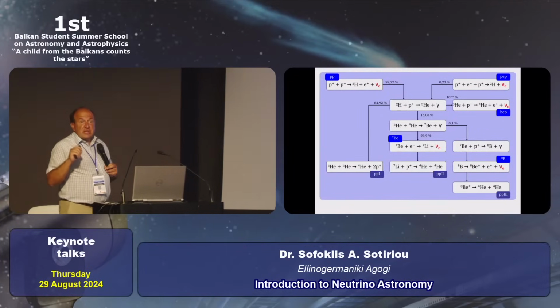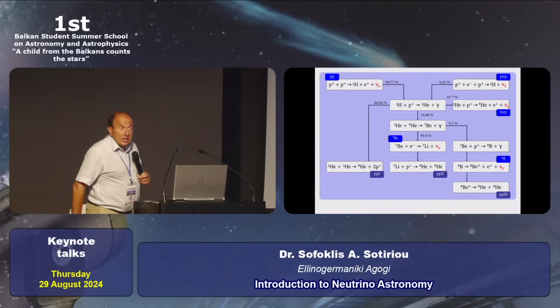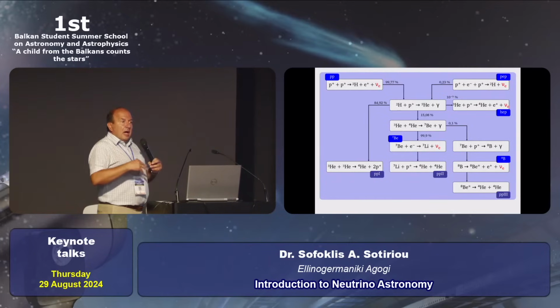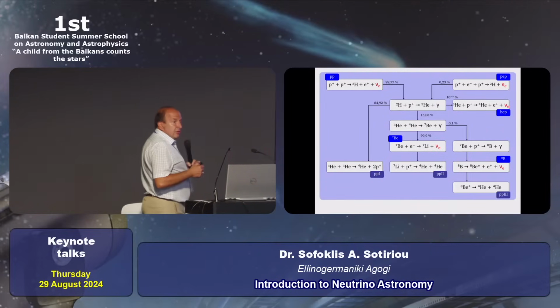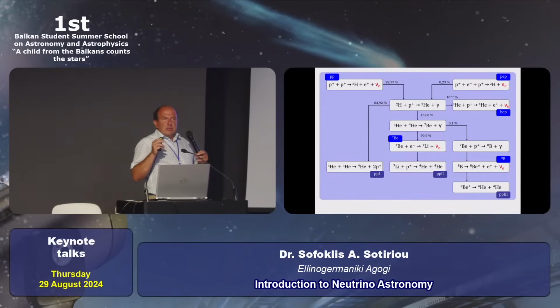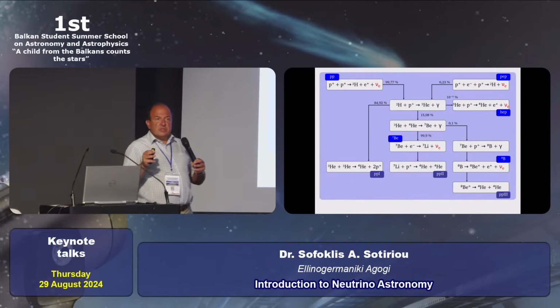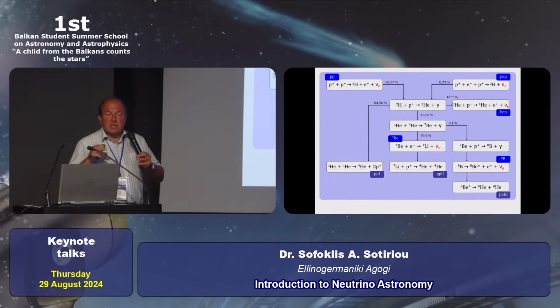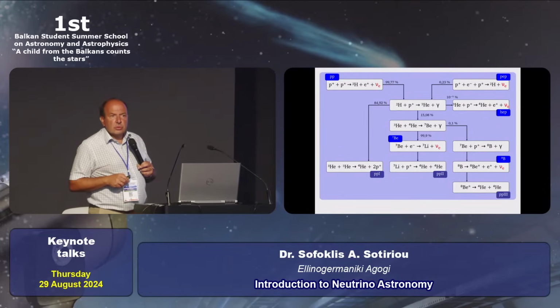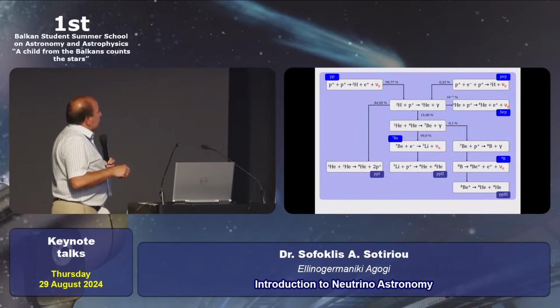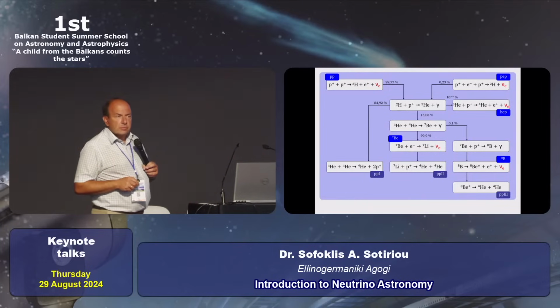Eleftheria Sotiriou presented on the first day the sun and how the sun works. If we want to present a detailed model of the sun, of all the chemical processes in the center of the sun, this is what we have to present. So this is how the sun works.